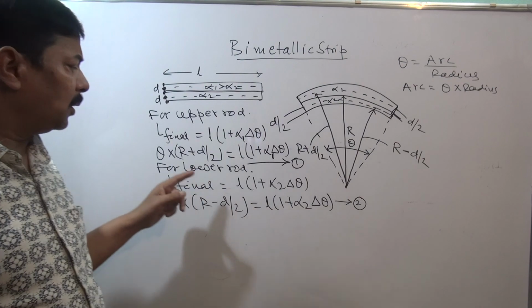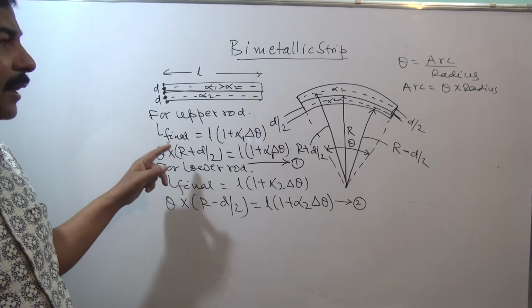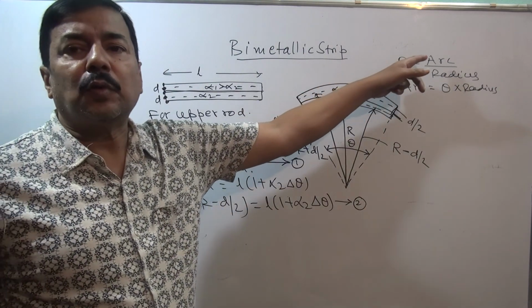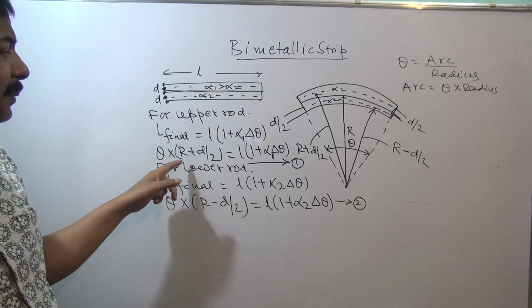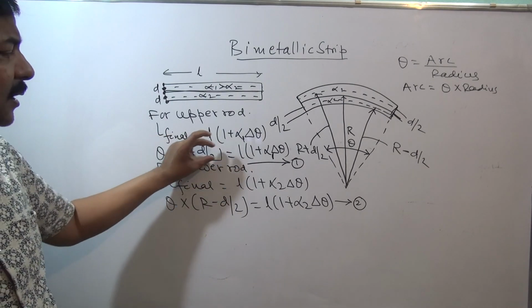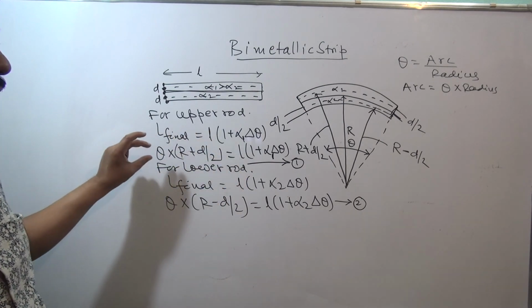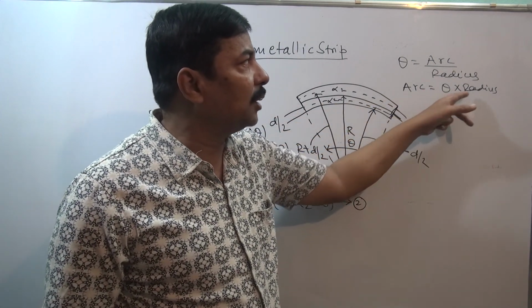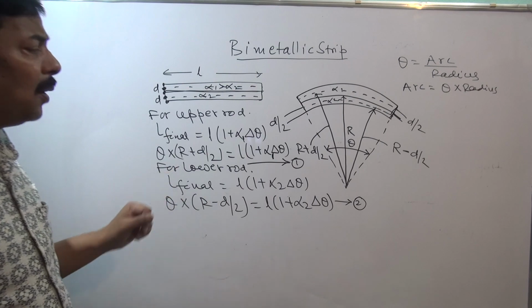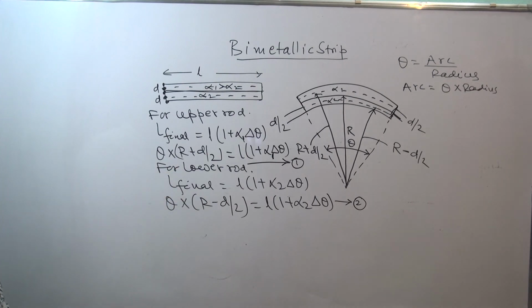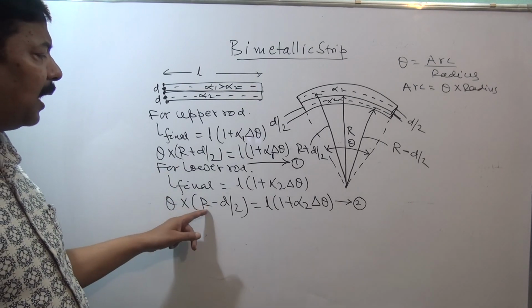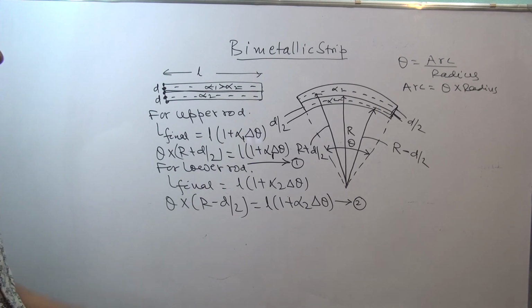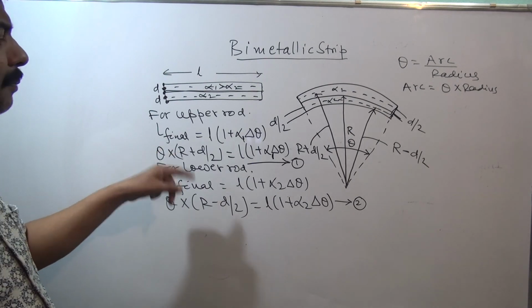So for the first rod we calculated the final length and applied the theta equals arc by radius concept, giving the final length as theta into radius. Now I will do a little bit of mathematics in order to get the value of r. I am dividing 1 by 2.